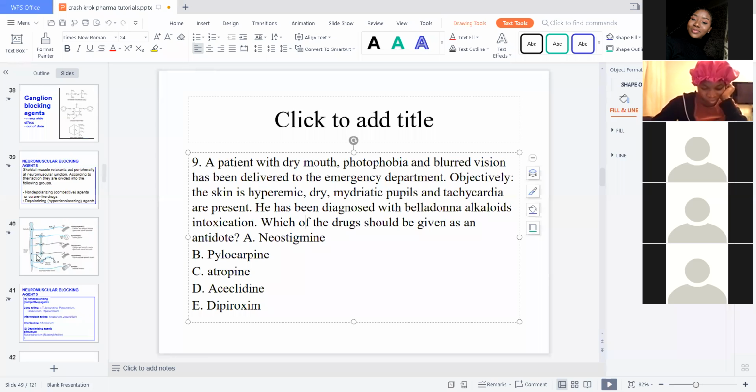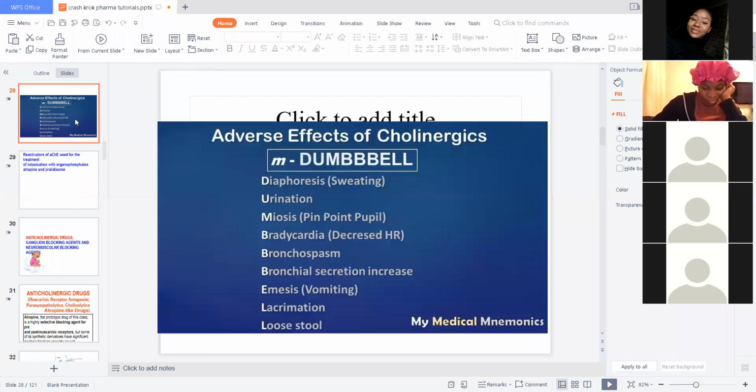Okay, so for this, I want you to remember this table. It's very important. The effect of cholinergic drugs: DUMBBELS. If you don't remember anything from this class, just remember DUMBBELS. It causes sweating, urination, meiosis, bradycardia. Bradycardia is very important.